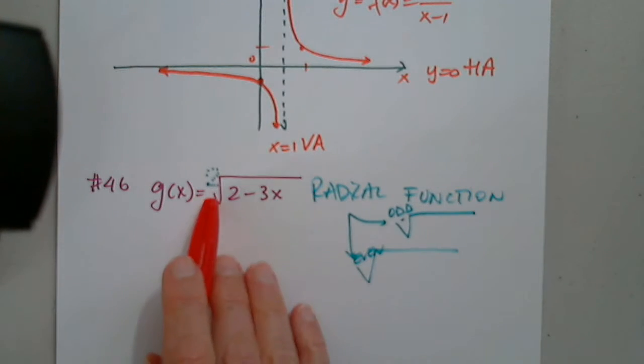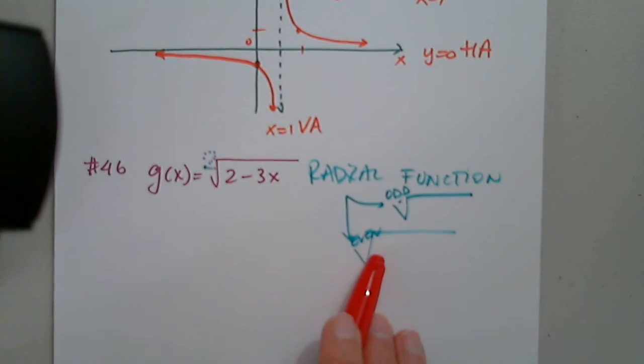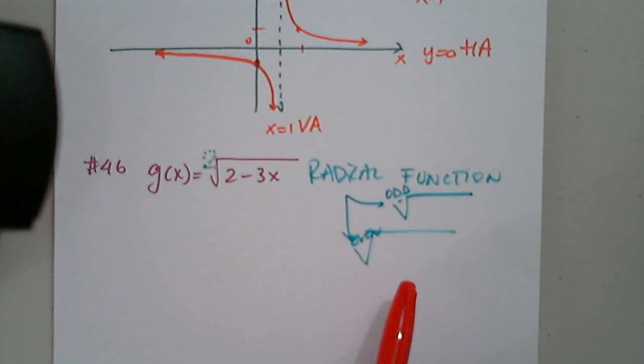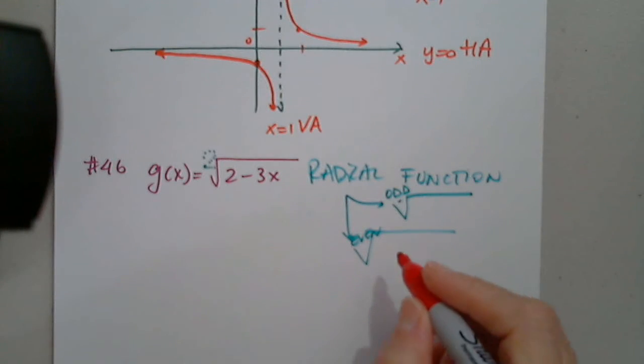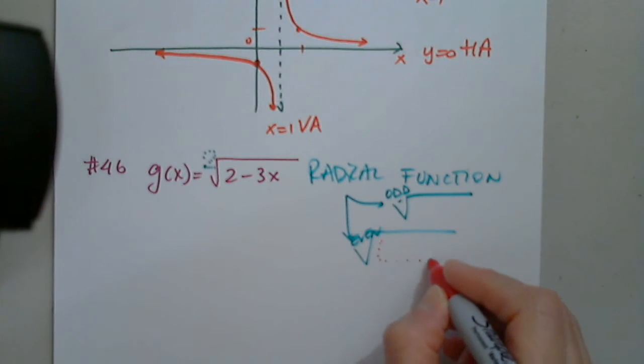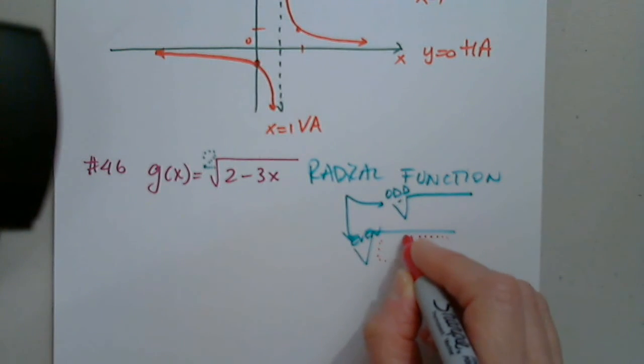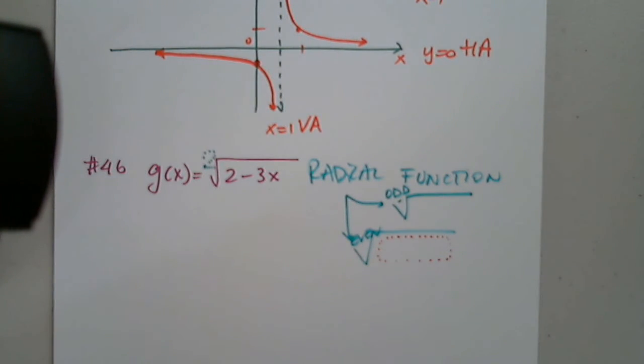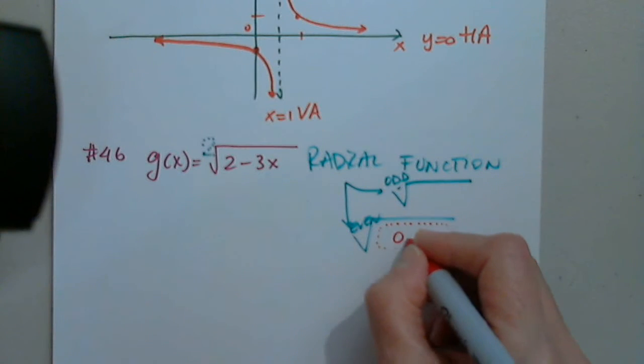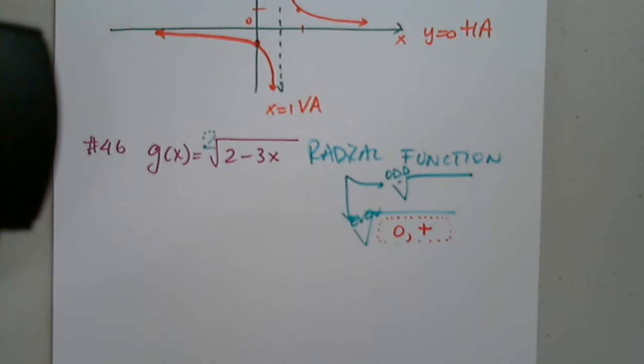Now, when the index is even, does anyone remember how we determine the domain of this function? What has to happen here? What should this quantity be? 0 or positive. Excellent. Only 0 or positive. Great job. Who was that? Was it Nick? Yes.